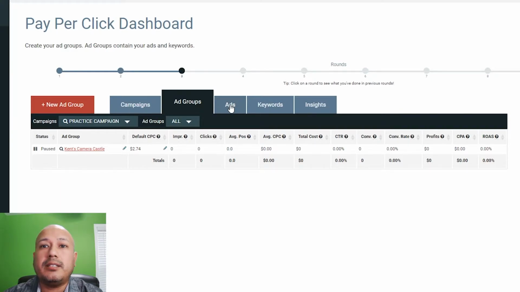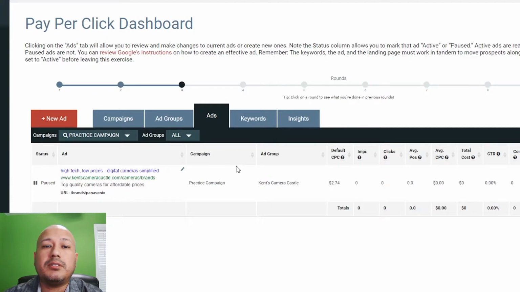So by the end of the second round you should have 2 campaigns with 6 ad groups running with 6 ads associated with those 6 ad groups, right? So there is an ad group. Let's see if he has an advertisement for this. Okay, yes, he does have an advertisement associated with this particular ad group, but I see that this particular ad is for the Kent's Camera Castle and it's not for the product that he was advertising.